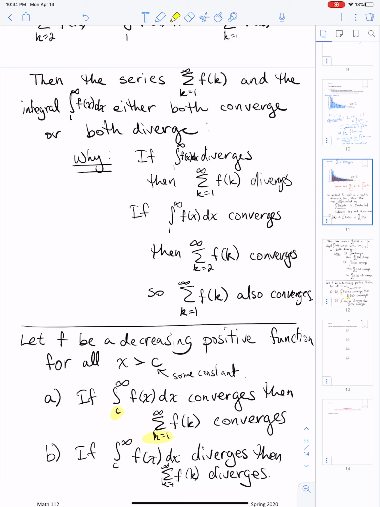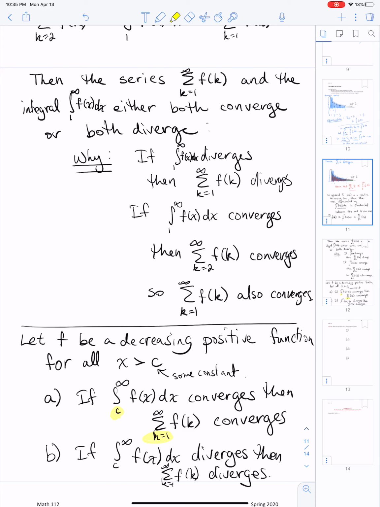And I'll just point out here, I've used f of k for the series terms. Your book kind of just writes it as a sub k and then states f of k equals a sub k later.